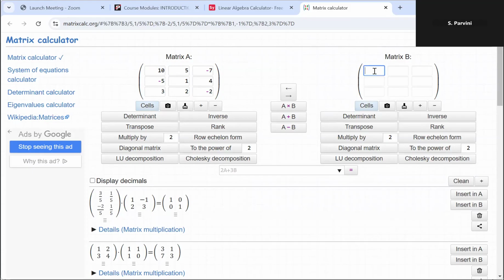Remember, this is our inverse. What do you think is going to happen when we multiply them? A matrix multiplied by its inverse gives you the identity matrix. Perfect. Thank you.